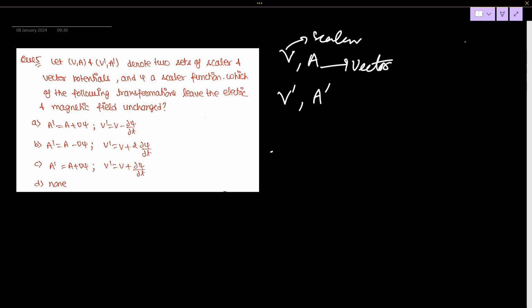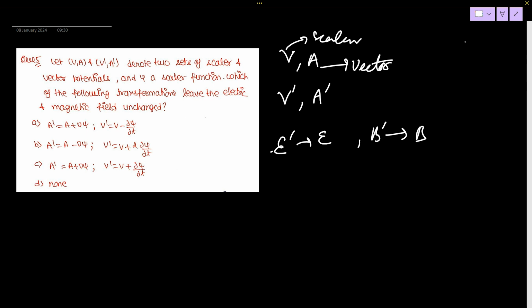Which of the following transformations leave the electromagnetic field unchanged? Unchanged means the electric field will remain the same electric field, and the magnetic field will remain the same magnetic field. So which of the following will do that?